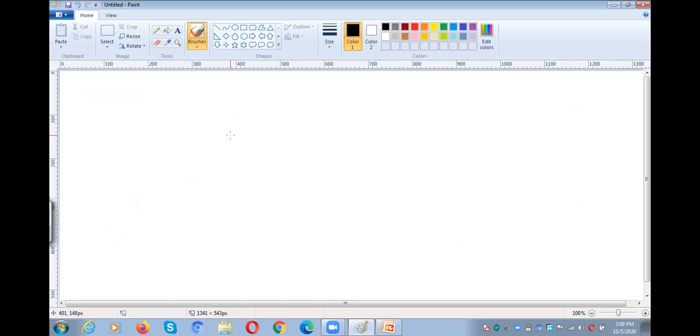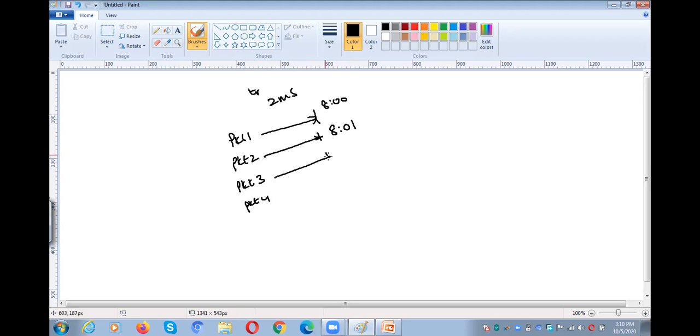For example, you are sending 4 packets: packet 1, packet 2, packet 3, and packet 4. All the 4 packets will take 2 milliseconds to reach the destination. This is the transfer time, TR. So packet 1 reaches the destination at 8 o'clock, packet 2 at 8:1, packet 3 at 8:4, and packet 4 at 8:6.